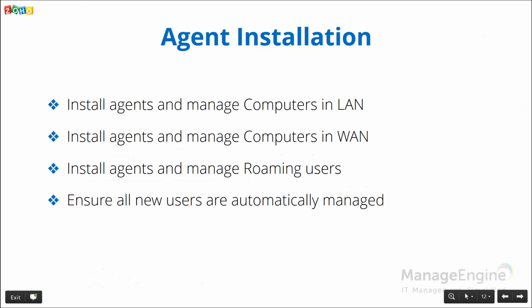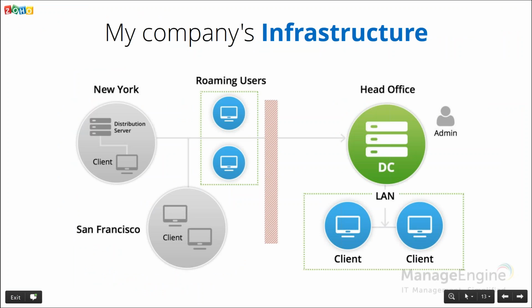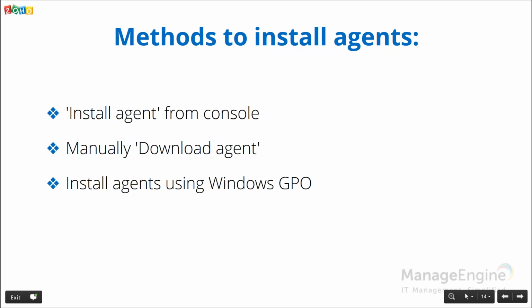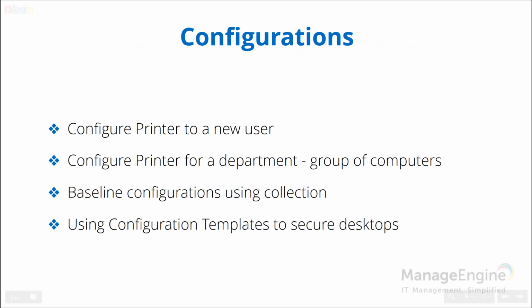Well, we are moving forward with the details. We already discussed the method of installing the agents. Now we are coming into the configurations part. Let me create another scenario to make it easier to understand. My company has given everything and all the configurations are going well.